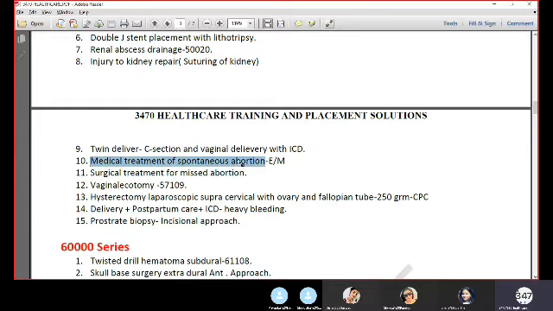What is the code? It is an E/M code. So what is the code range you will use? 99201 to 99233. Yes.